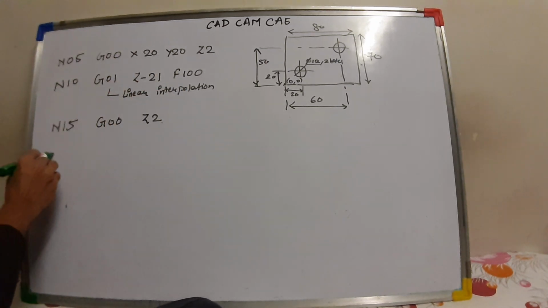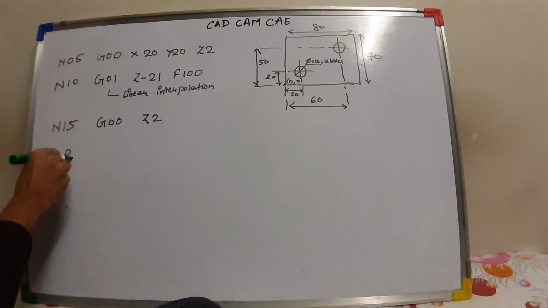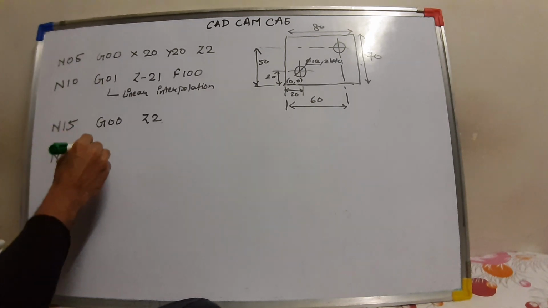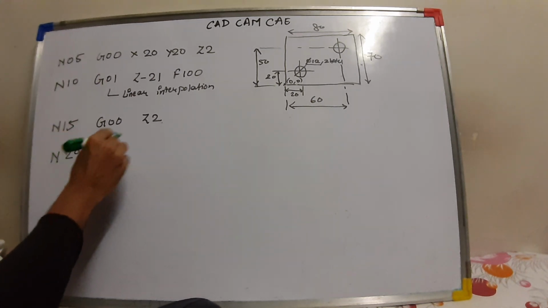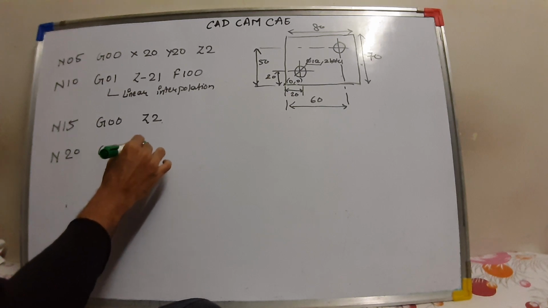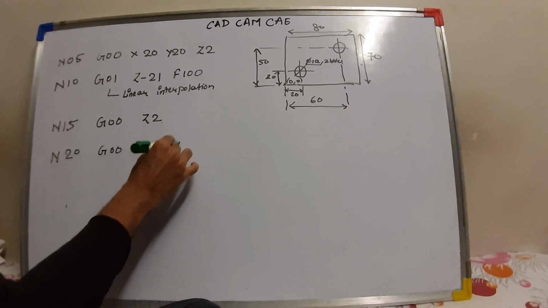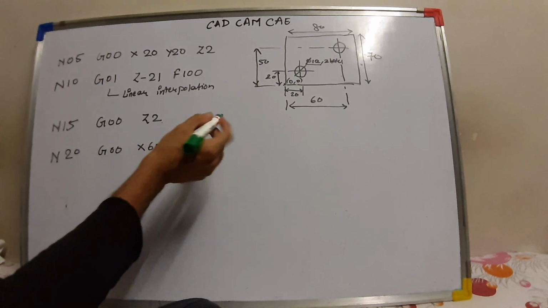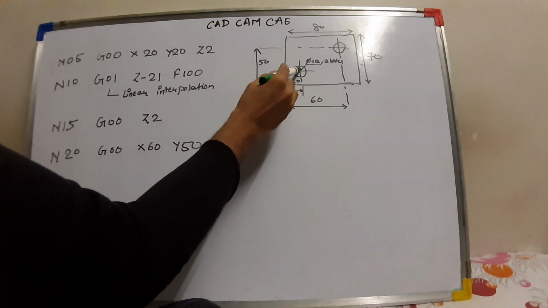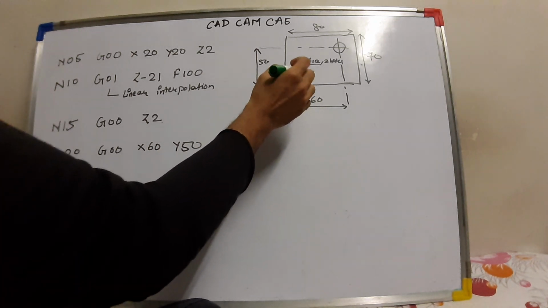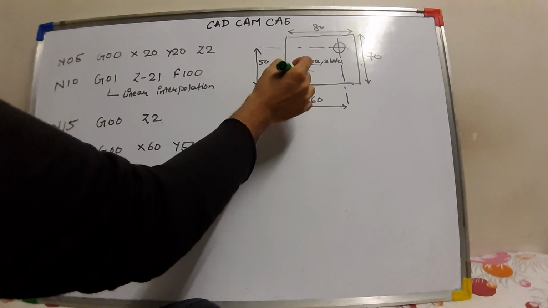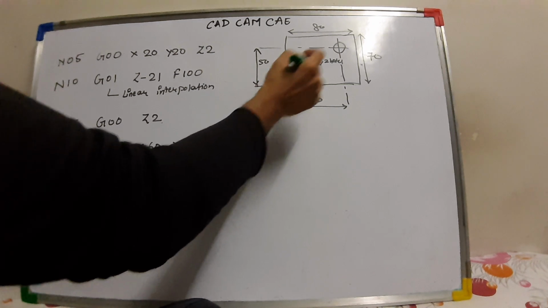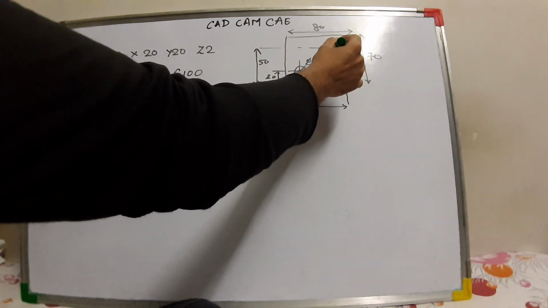So next, N20, next line, N20 G00 X60 Y50. So now since one drill operation is already done, so now they are taking the tool to the next position to drill the second hole.